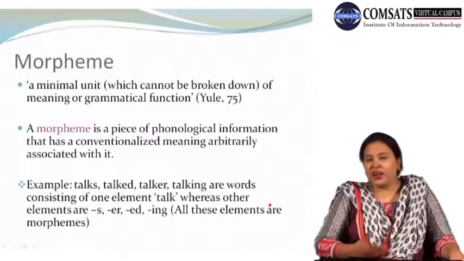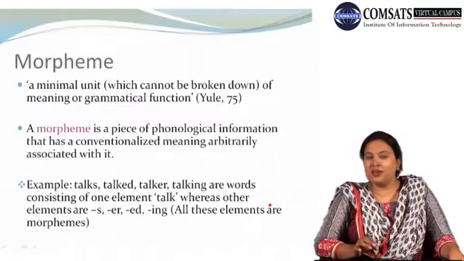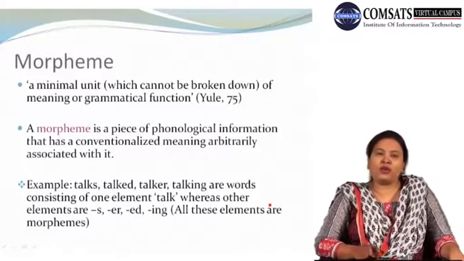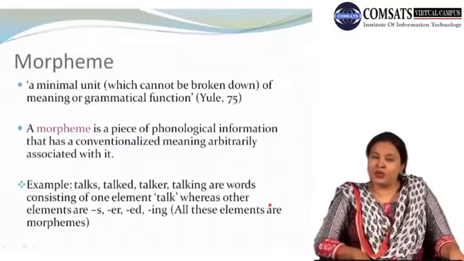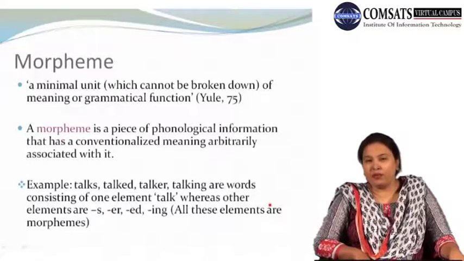But if I divide them further, because morphology is about the smallest meaningful unit, then out of talks I can separate talk from s, that is talk plus s, then talked, talk plus ed, then talker, talk plus again er, talking, talk plus ing. In all of these words, talk is the smallest meaningful unit, and that is a morpheme, a single morpheme.